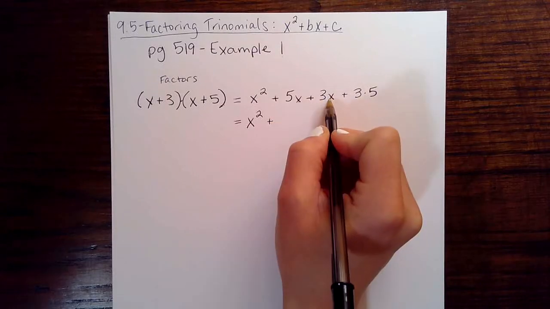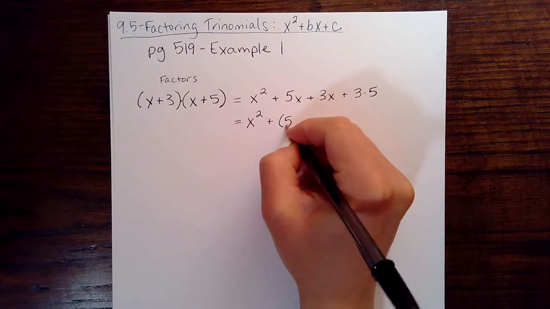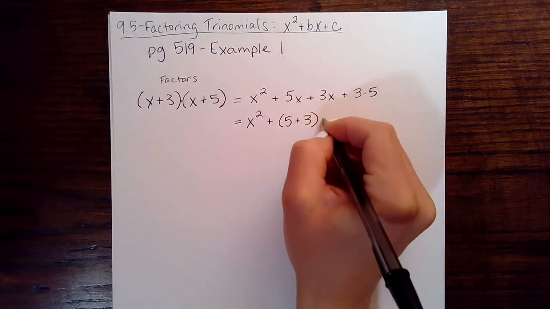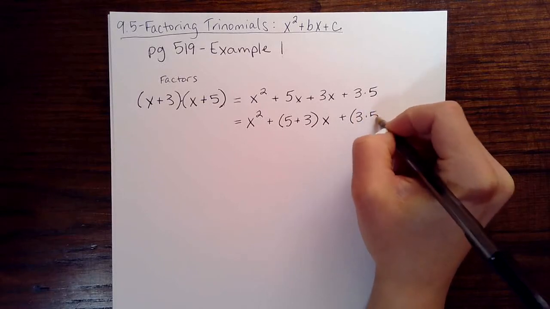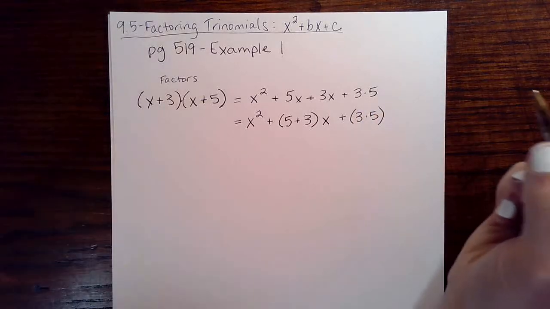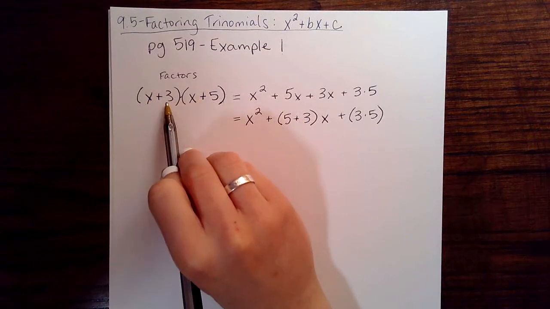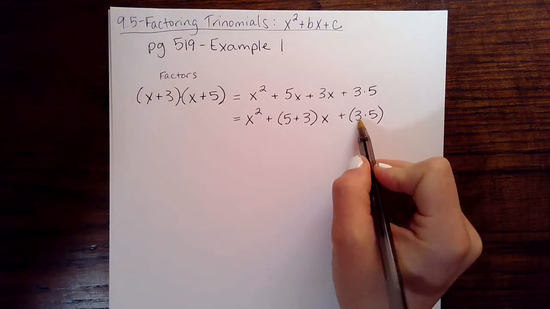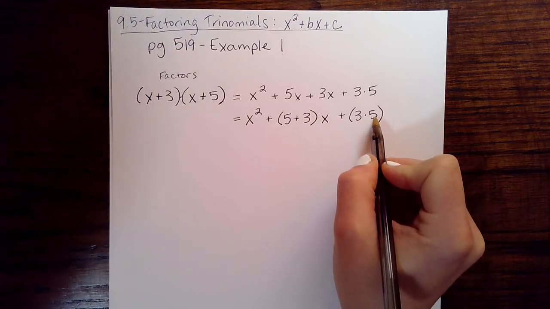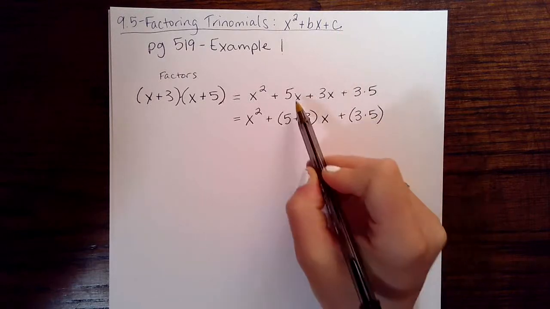When I simplify this, I add these like terms together, and I'm going to show one step before I get to my final step that we don't typically write. Notice those numbers 3 and 5, which are part of the factors we're going to be trying to get for our answer, show up as a product. That's where the c is, the constant, 3 times 5, and a sum.